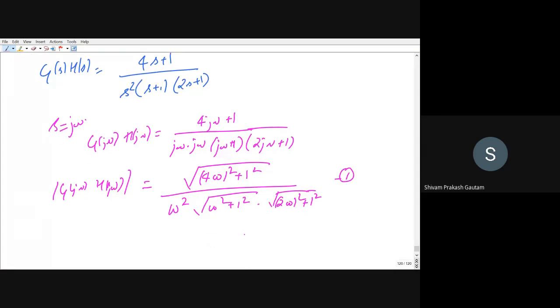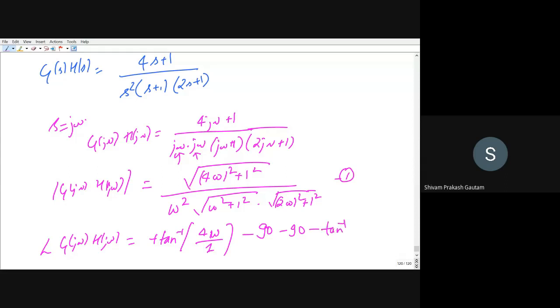Now we have to calculate the phase. Equation number 1 corresponds to the magnitude, and the phase, that is the angle of G(j omega)H(j omega), is as follows. For the numerator part I will write the phase, plus tan inverse of imaginary by real, where imaginary is 4 omega upon 1. For each j omega we will have minus 90 degrees. And minus, because the term is in the denominator, tan inverse of omega by 1, minus tan inverse of 2 omega by 1.